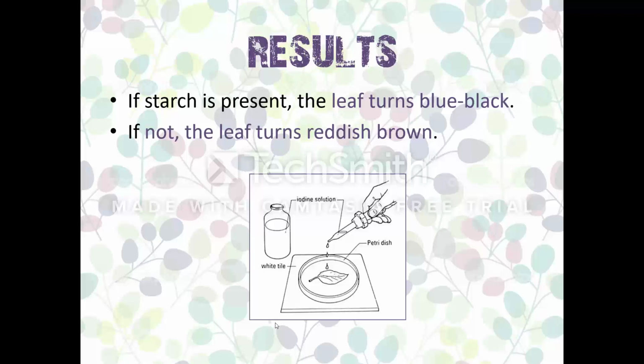If there was no starch present in the leaf it doesn't actually change color. The iodine is originally a reddish-brown color. The iodine that drops onto the leaf will turn the leaf a reddish-brown, and it won't change. Okay, so in other words, there's no change in color. When there's a positive result, the reddish-brown color of iodine becomes blue-black.